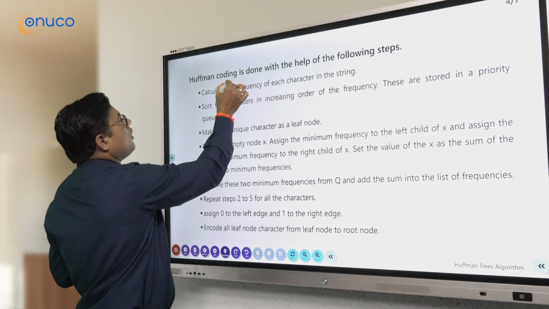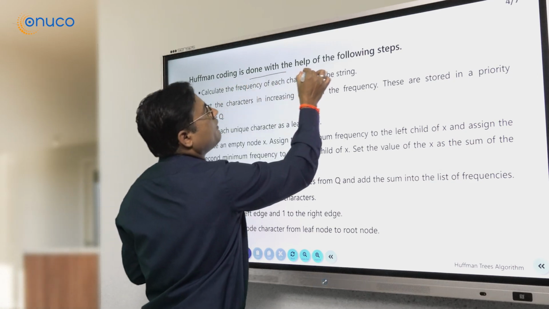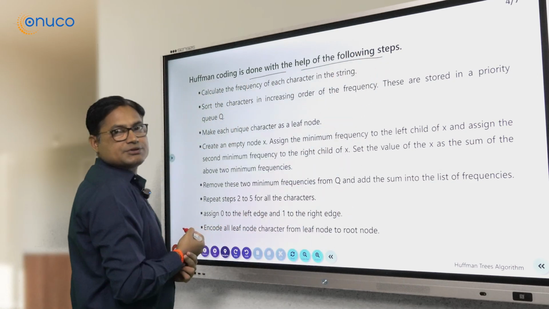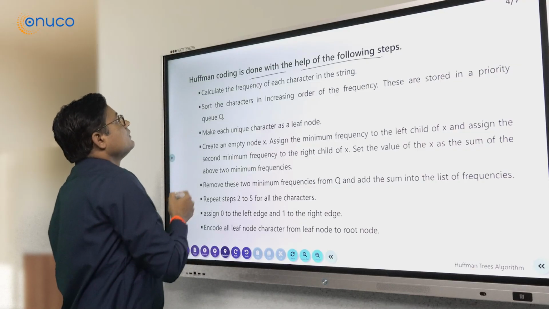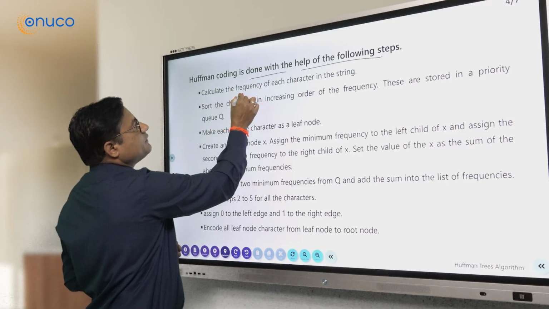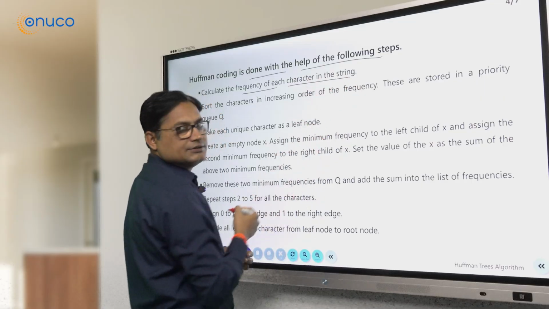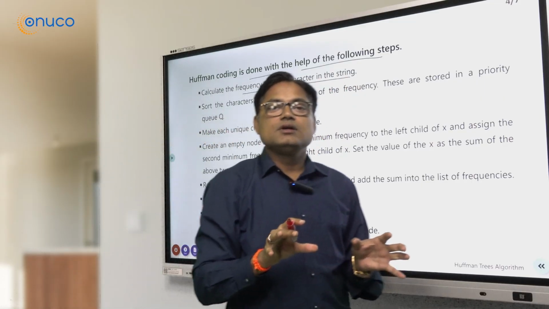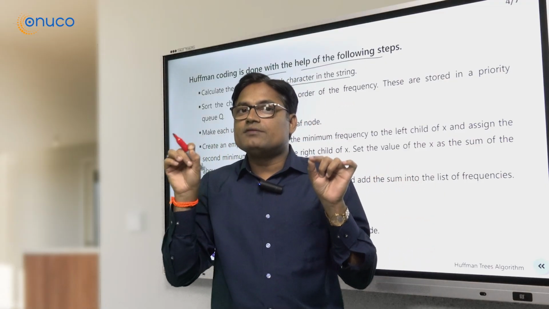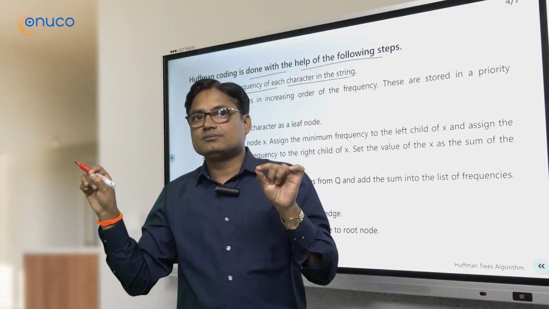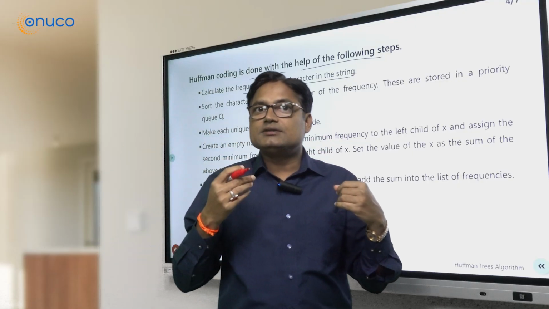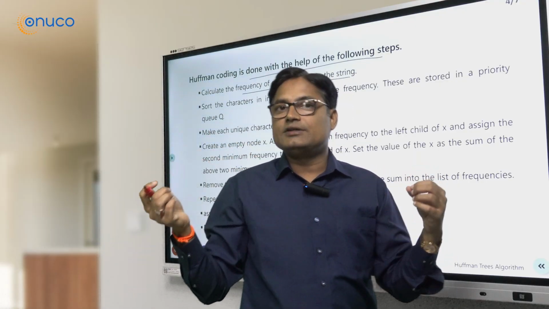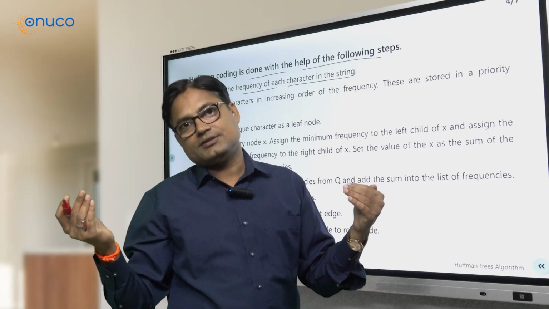Now Huffman coding is done with the help of the following steps. Remember, calculate the frequency of each character in the string. If it is a string or sentence, we are going to calculate the frequency of each and every character. If it is given in probabilities, then there is no need of finding the frequency, you can directly perform the task.